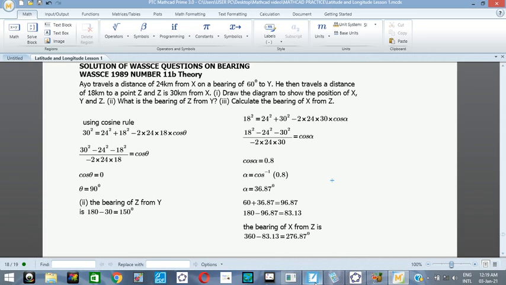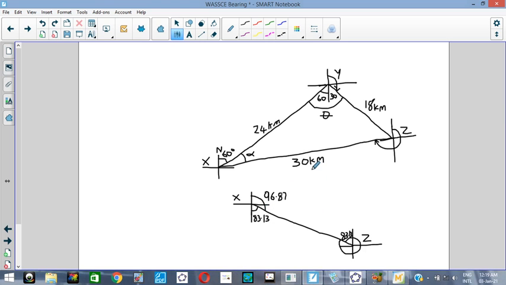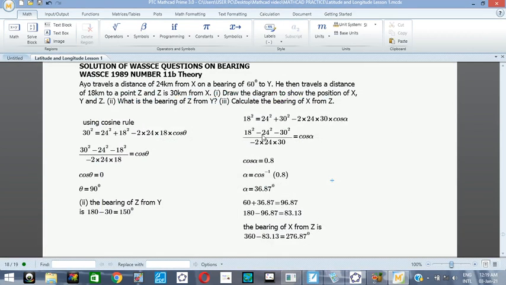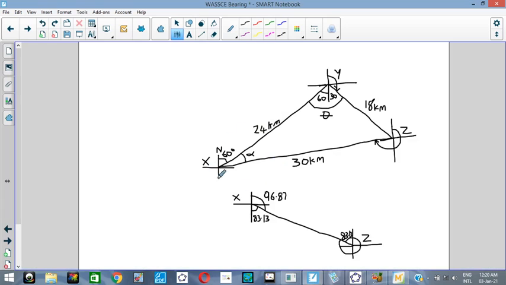So you can see the diagram now. If I want to make the diagram very neat after getting our answers, the question says draw the diagram to show the position of X, Y, and Z. Now that I've gotten my perfect result and my answers are okay, all I just need to do in this case is to resketch it and position everything very well.